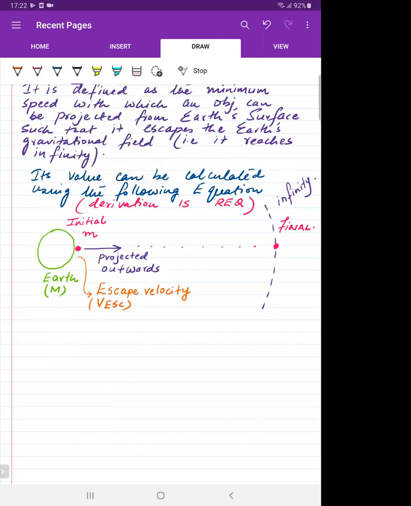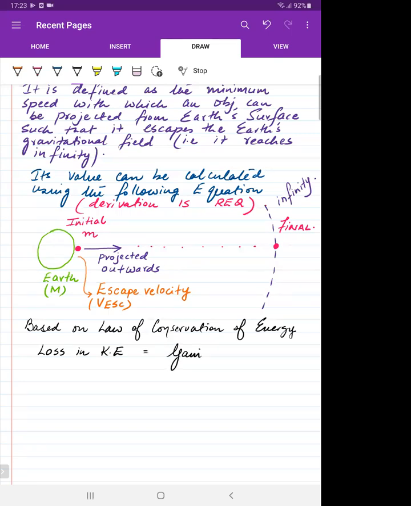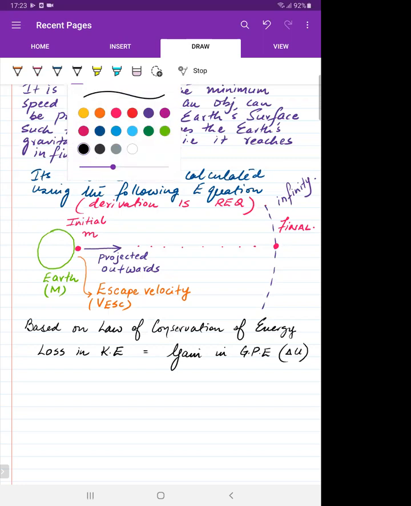So again, based on law of conservation of energy, we can suggest the following: that there is going to be a loss in the kinetic energy of the object, at the expense of which there is going to be a gain in the gravitational potential energy. मैं डायग्राम पे डिस्टेंसेस मार्क कर देता हूं और इसके बाद वर्किंग को फर्दर कंटिन्यू करता हूं.